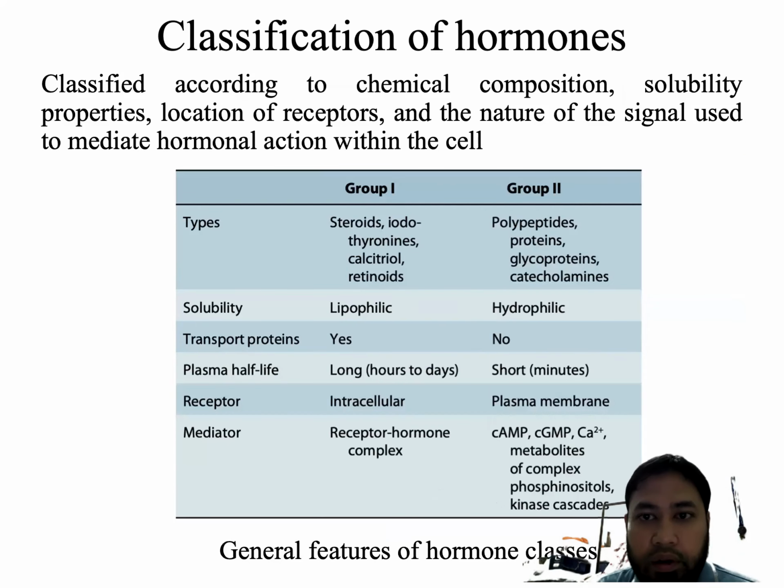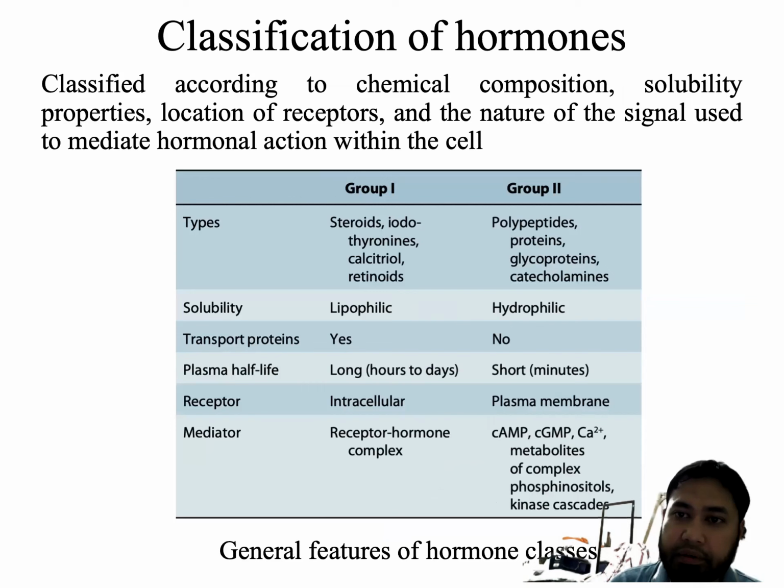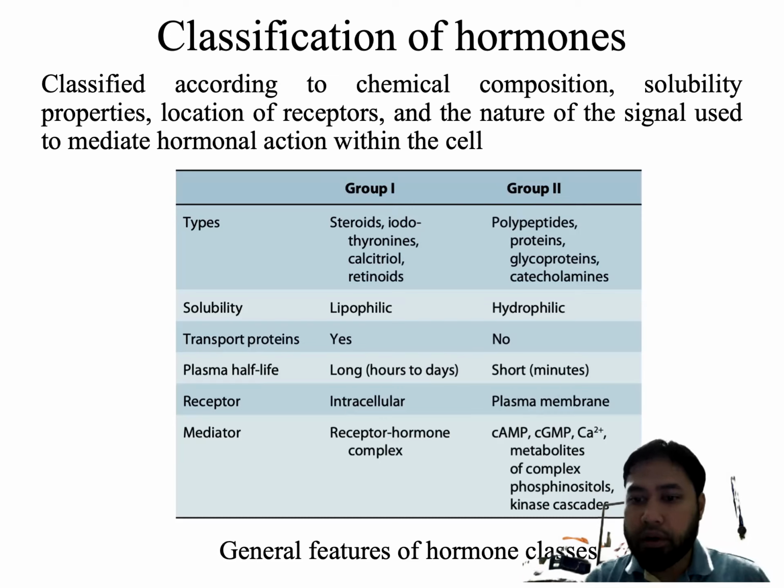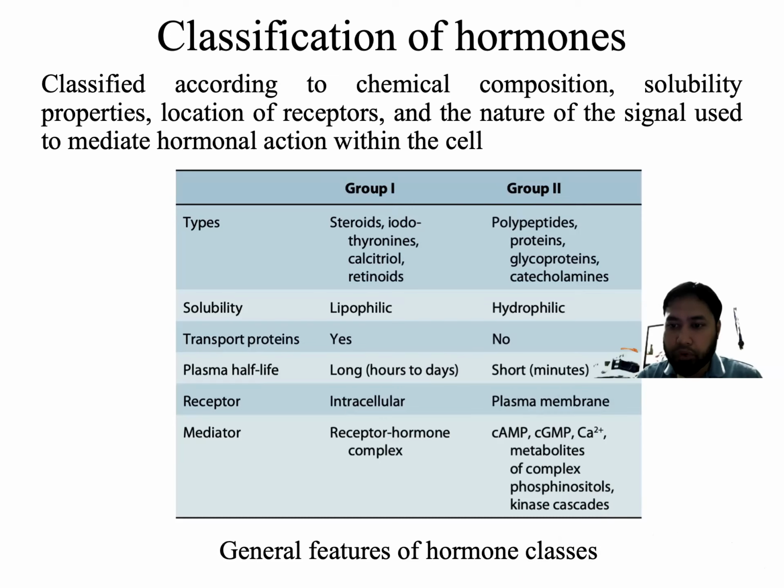So again, the main category, regardless of what it is, maybe you want to say group 1 is steroids, group 2 is polypeptide. Some books use group 1 as polypeptide, group 2 as steroids. But you just follow what I'm showing you. In this picture, I'm putting two types.